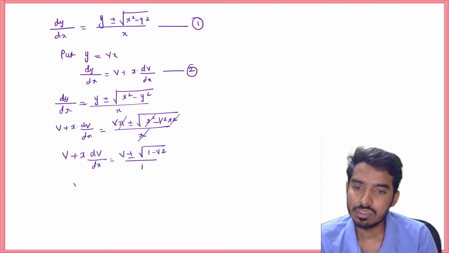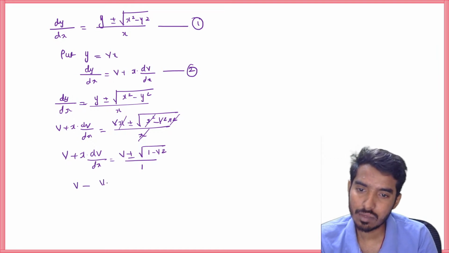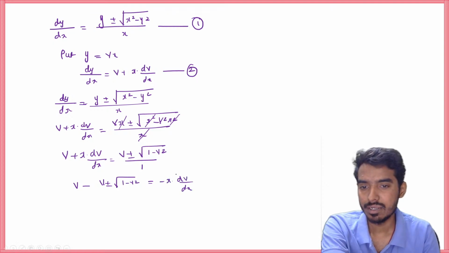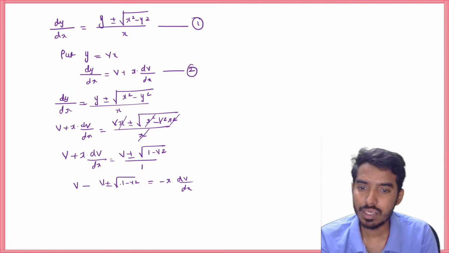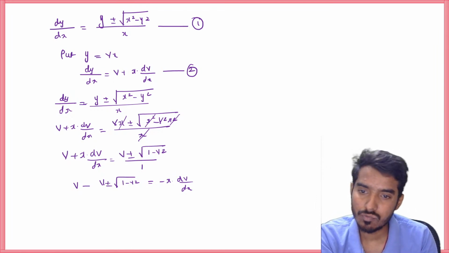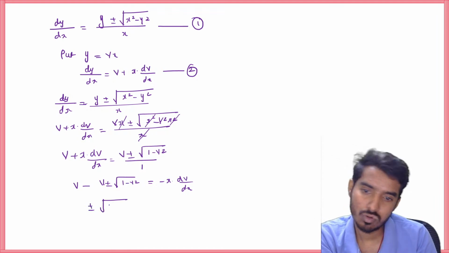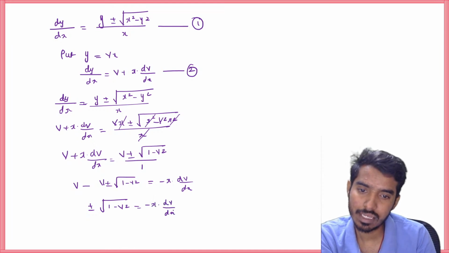This v minus v, plus or minus root of 1 minus v square, equal to x dv by dx, right? So we have minus v is always 0, right? So we have plus or minus root of 1 minus v square equal to x dv by dx.